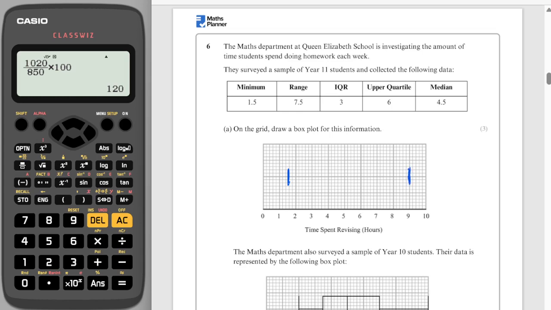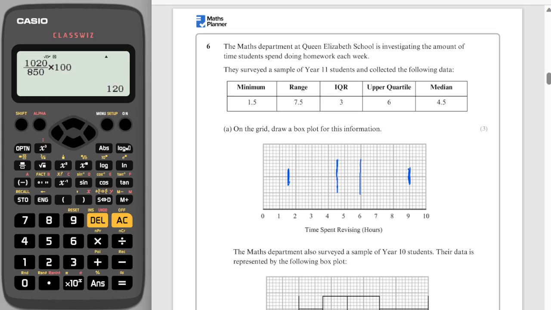My interquartile range is 3. I'll come back to that one. So my median is 4.5. My upper quartile is 6. And my interquartile range is 3.